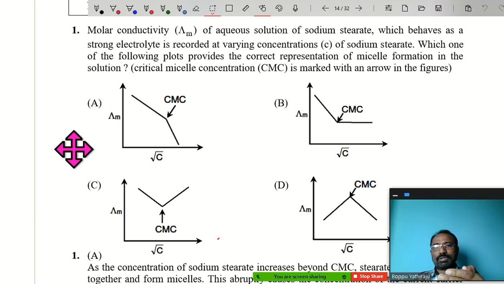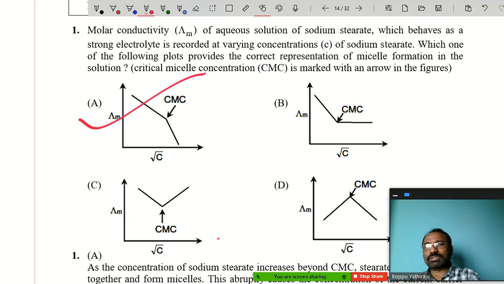But at CMC, or after CMC, better to say after CMC, the molar conductivity suddenly decreases. Why does it suddenly decrease? Due to formation of micelle, the aggregate molecule is formed. Therefore, the conductivity decreases. Therefore, the right answer is A. What is the right answer? Right answer is A.